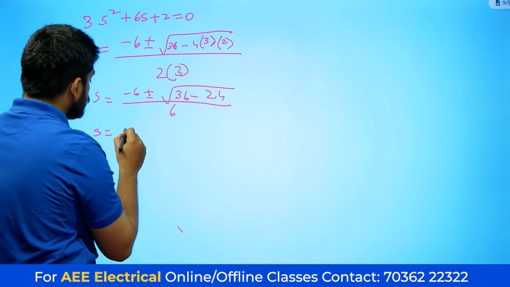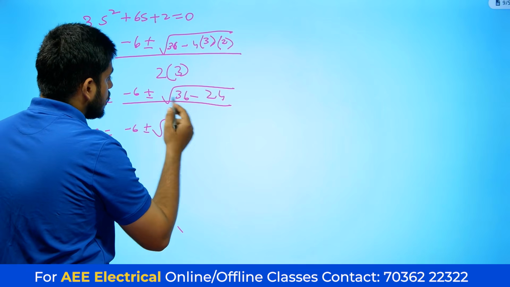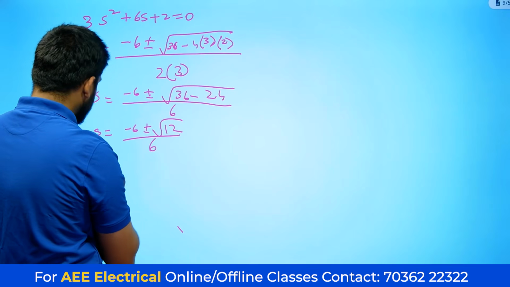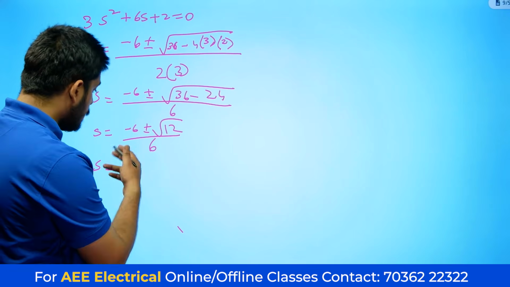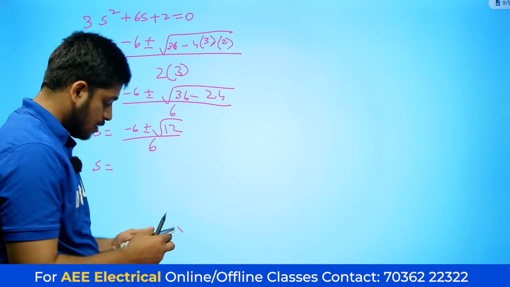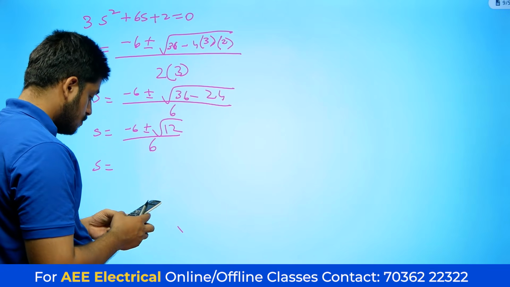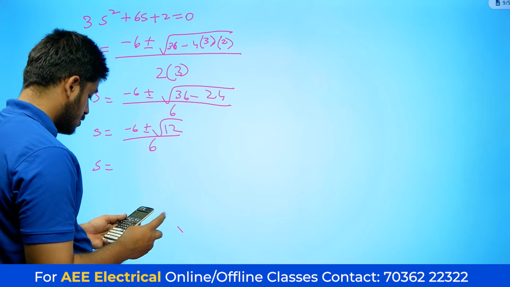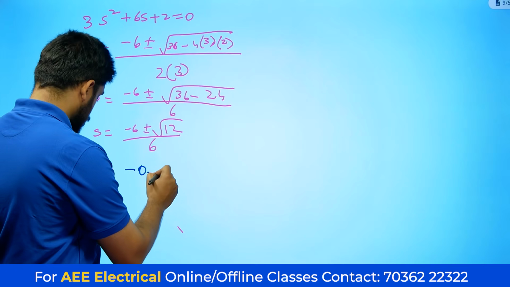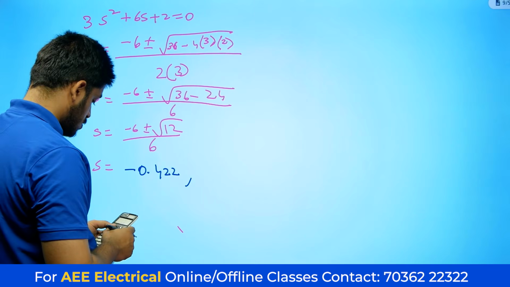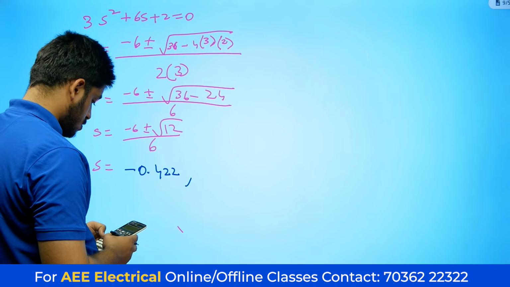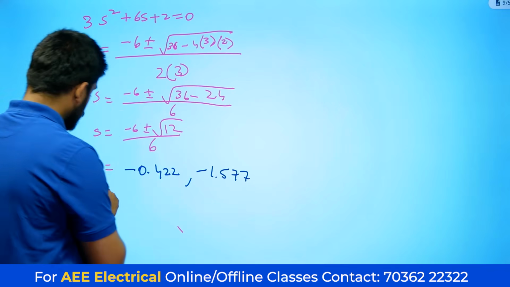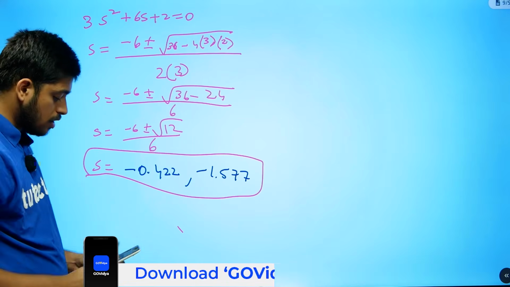So s is equal to minus 6 plus or minus root of 36 minus 24, which is 12, by 6. Solving this using a calculator, the options I am going to get are minus 6 plus root 12 by 6 and minus 6 minus root 12 by 6. So these are the options which we have got.